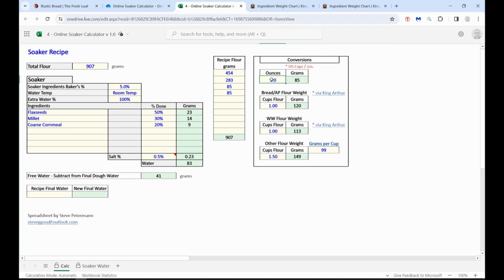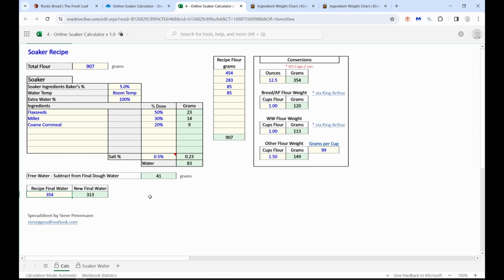So let's put in 12.5, 350. So according to the recipe, the final water would be 354. So that means the new final water will be 313. So if you add these two together, you end up with that.